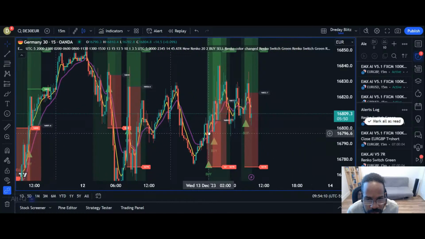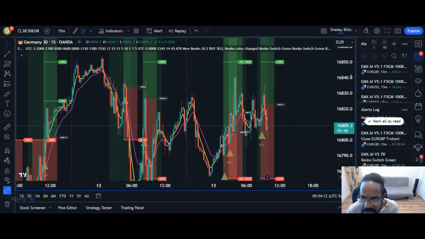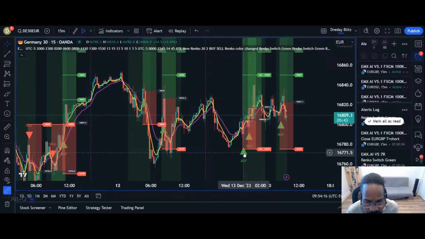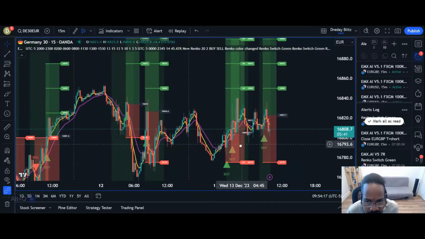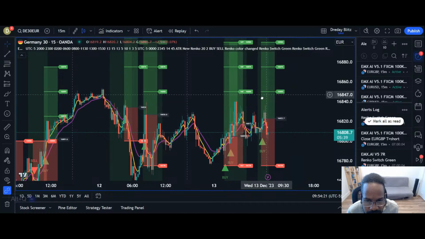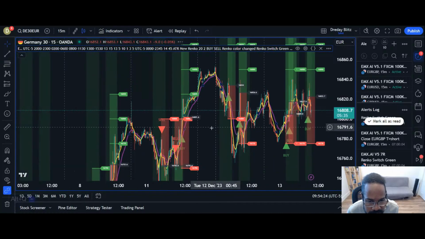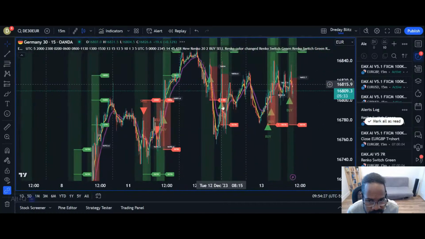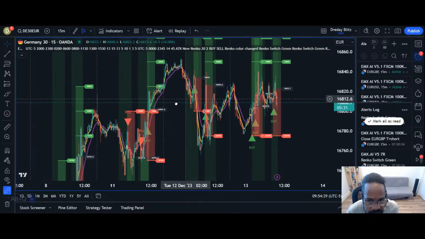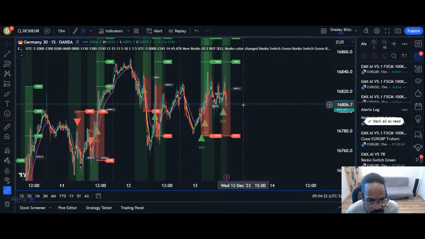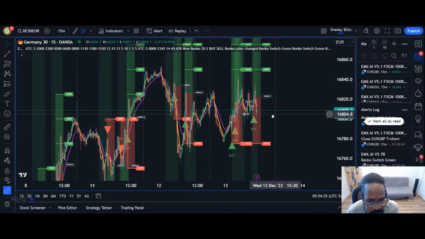So we did have a few buys here at London and one in New York. So if you're scalping, that's perfect. But it is still ranging right now, so it's in consolidation. So going up and down. So we'll see exactly how it goes.